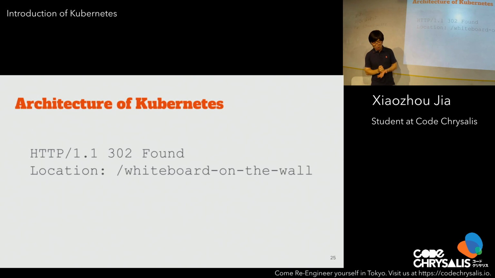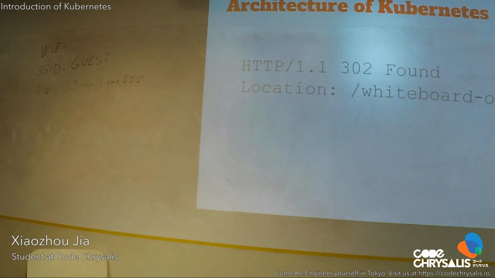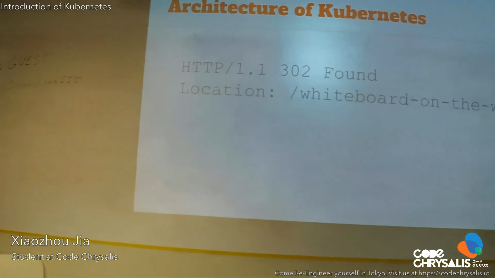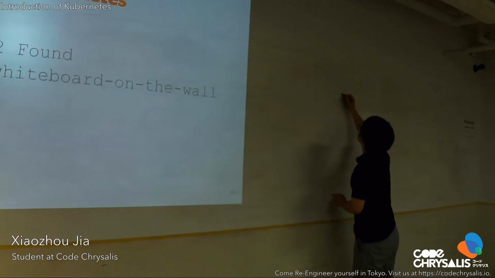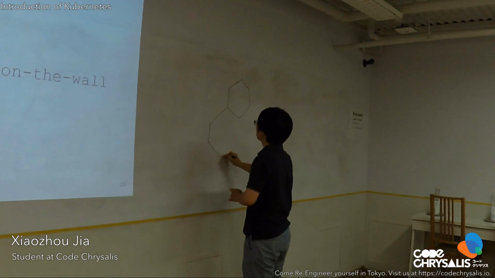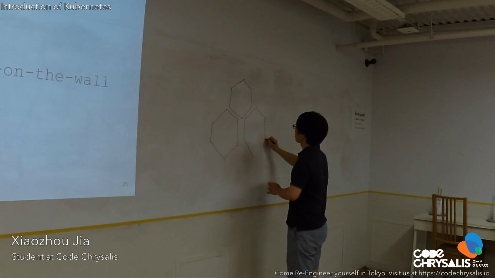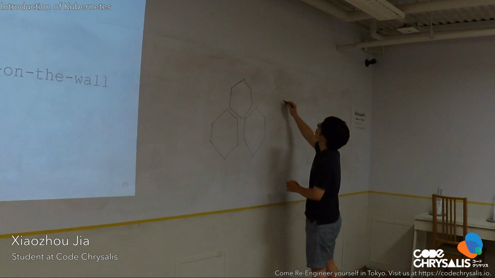So enough about the background. I will explain the architecture of Kubernetes from this point. In Kubernetes, we have some new concepts here. I will draw something on this board, and I will explain those one by one.